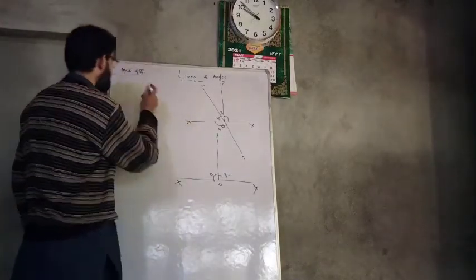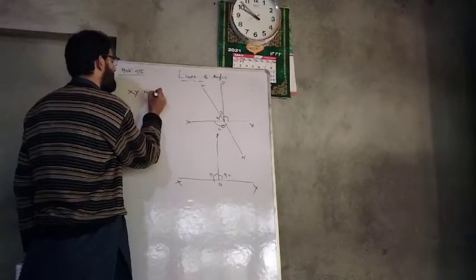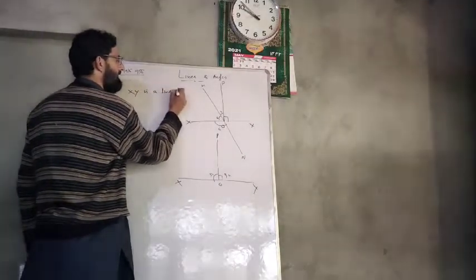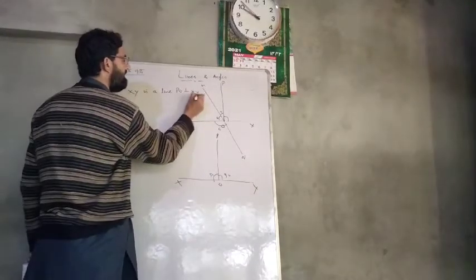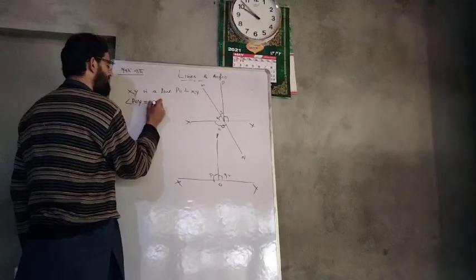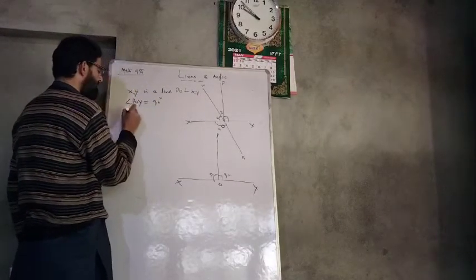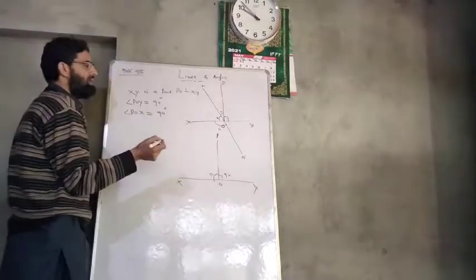So here XY is a line segment and PO is perpendicular to XY. That is, angle POY is equivalent to 90 degrees. Hence angle POX is also equivalent to 90 degrees, a linear pair of angles.